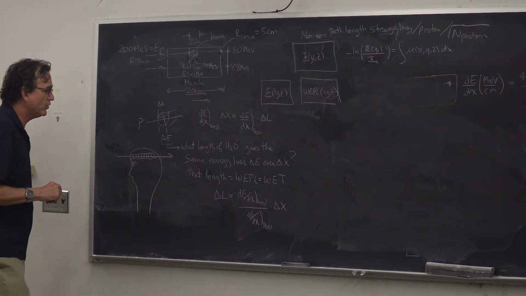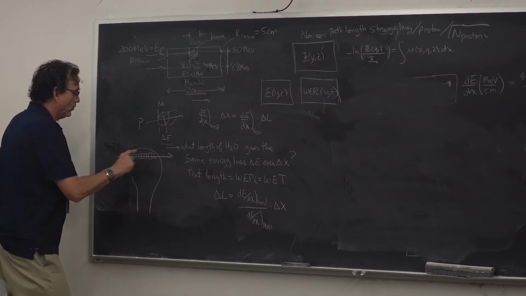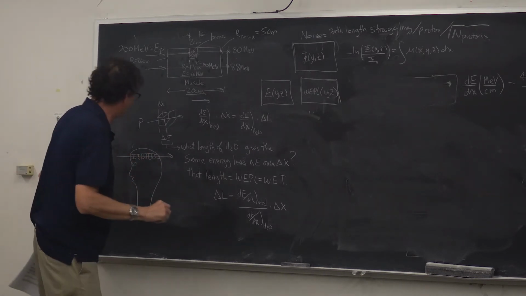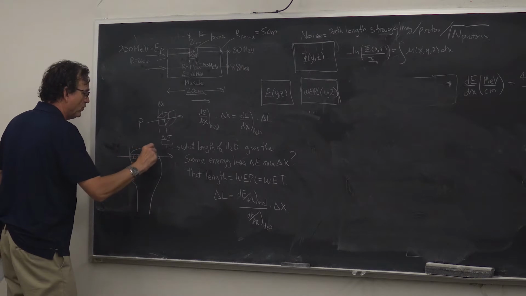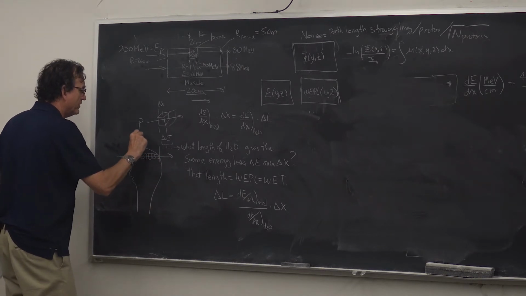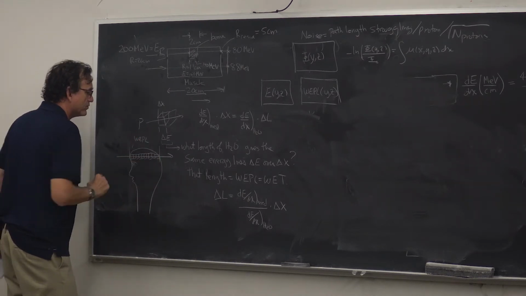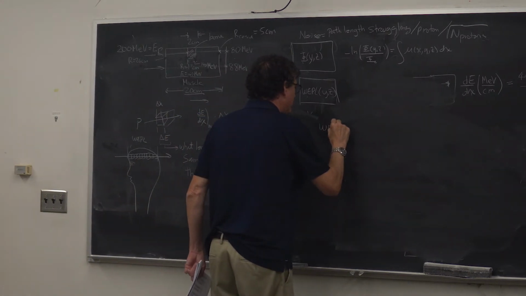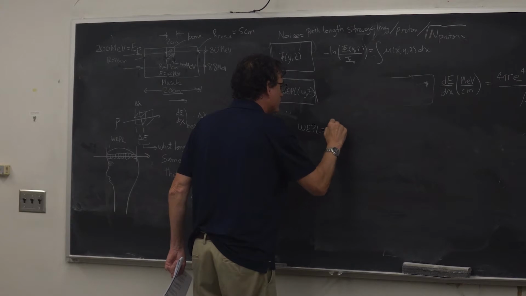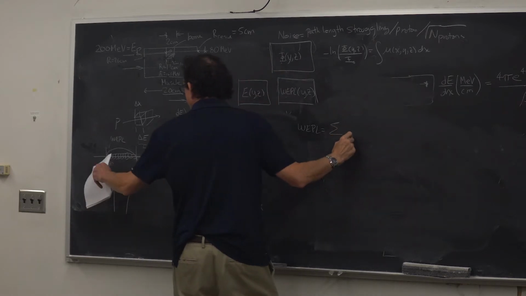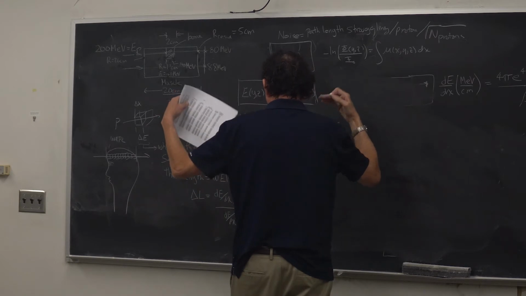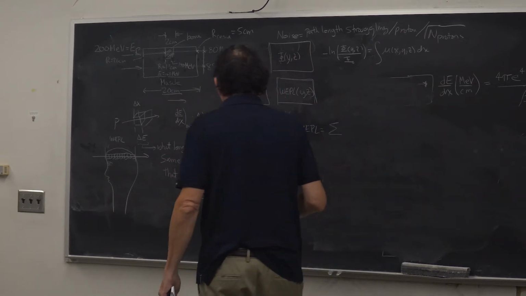So if I want to know what the total water equivalent path length, WEPL, is for this trajectory, for this proton, then the WEPL is going to be equal to the summation over all of the voxels in this line that the patient has been mathematically carved into.